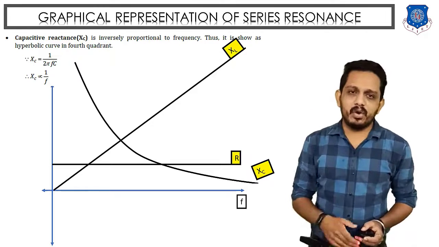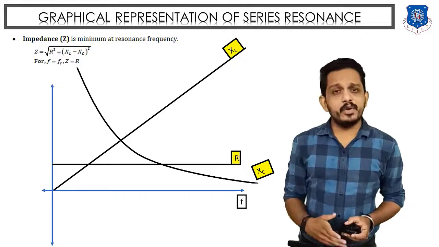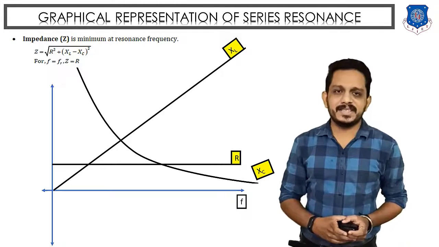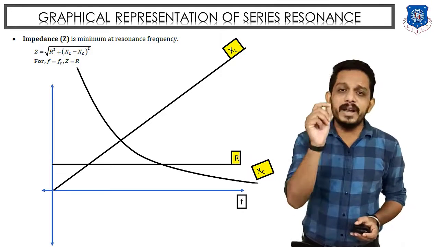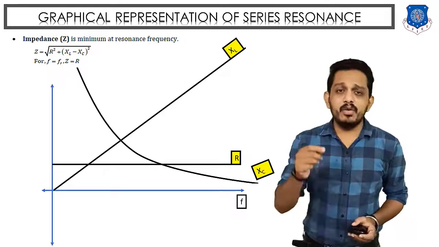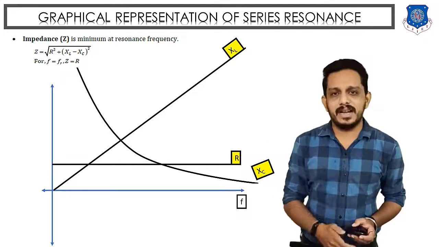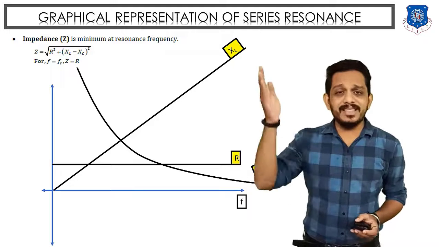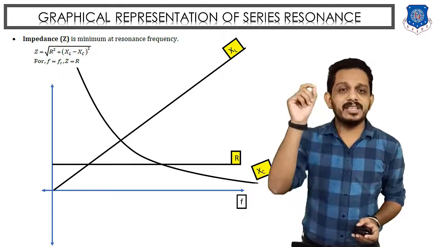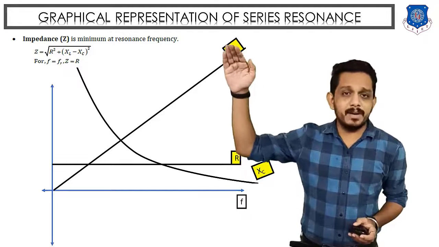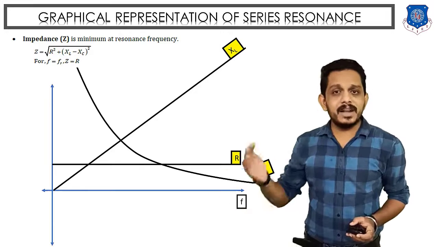Now we need to draw the graph of impedance Z. If you want to draw the graph of impedance Z, then you must know that XL and XC meet at some point, and you have to locate that point on the resistance line as well as the frequency line. Because when the XL and XC lines touch each other, that means they have the same value. XC was maximum but is decreasing, XL was minimum but is increasing.